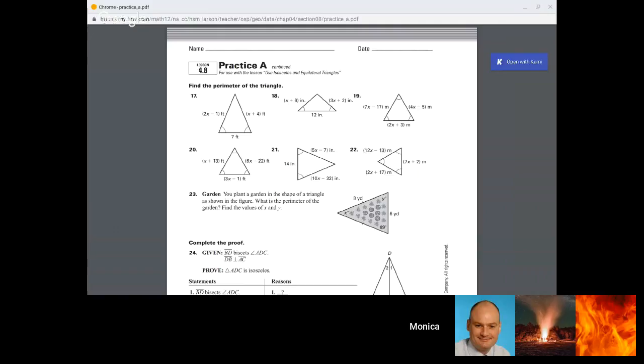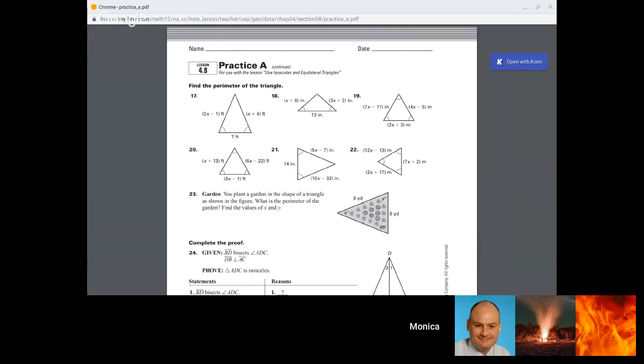So Ethan, on number 17, we know that the 2x minus 1 side and the x plus 4 side are the same, right? They're congruent. So you can set those equal to each other. You would say 2x minus 1 equals x plus 4, and then solve for x.